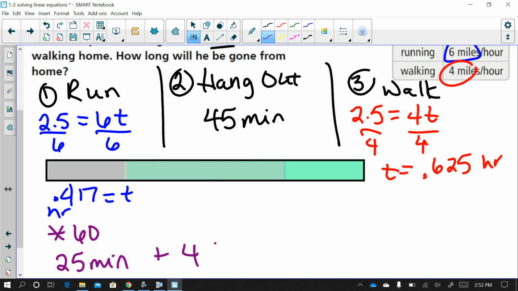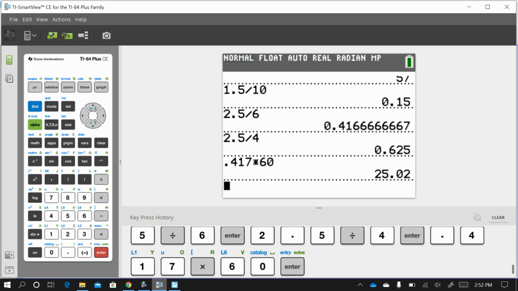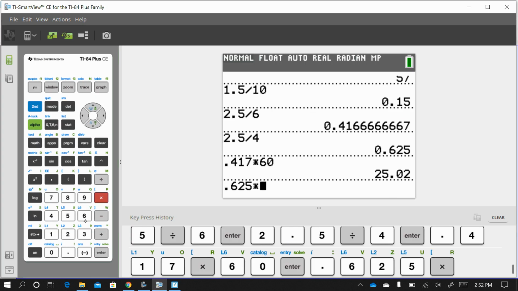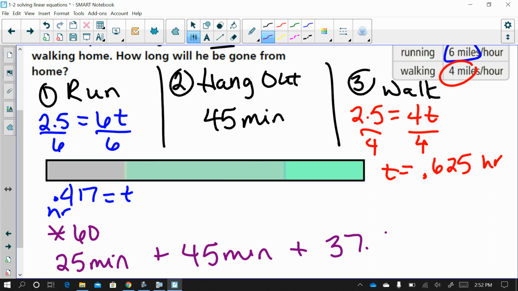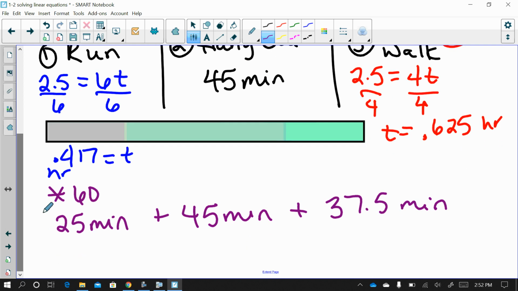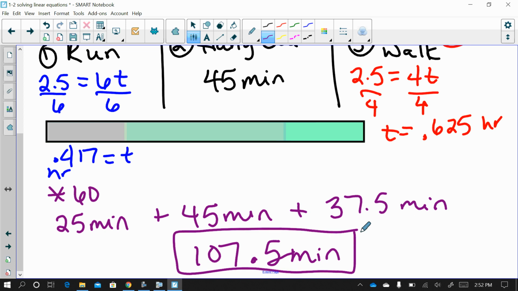Then 45 minutes. Now 0.625, let's multiply that by 60 to change it to minutes. It's 37.5. So add all of these together, I get 70 minutes here, 107.5 minutes total. So that's how long he'll be gone.